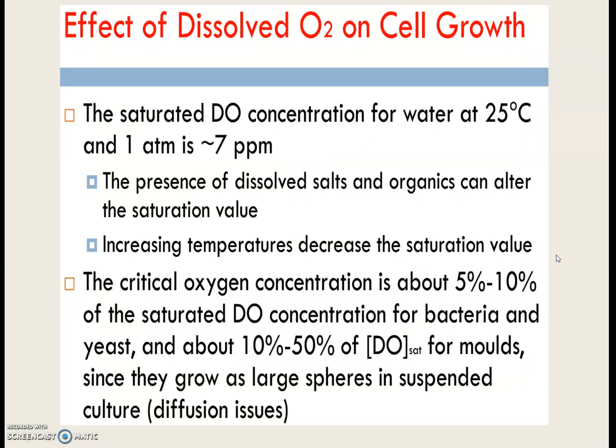The saturated dissolved oxygen concentration for water at 25 degrees C and 1 atm is 7 ppm. The presence of dissolved salt and organics can alter the saturation value, and increasing temperature will decrease the saturation value. Dissolved oxygen here refers to water, because in order to prepare a medium, the base liquid that we require is water.